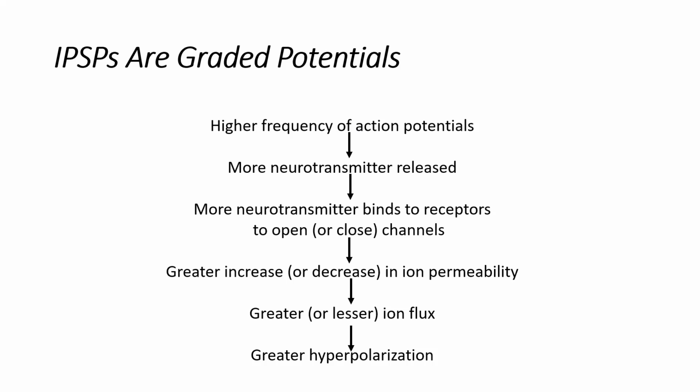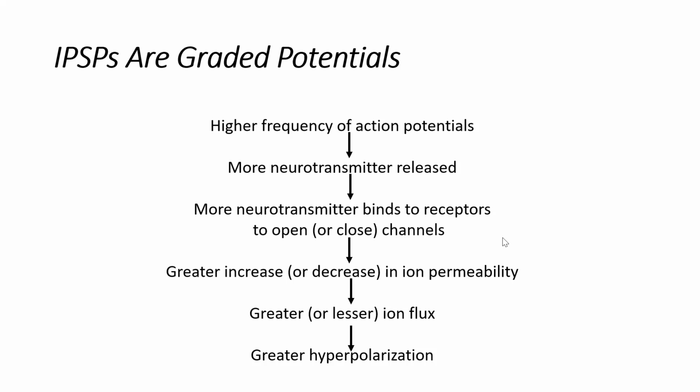And we can think about it in either direction, either more of an influx or less of an influx of the ion permeability. That would either increase ion movement or decrease ion movement, and that would lead us to a greater hyperpolarization on our postsynaptic cell, okay?